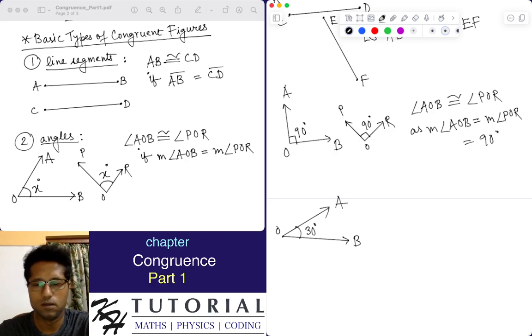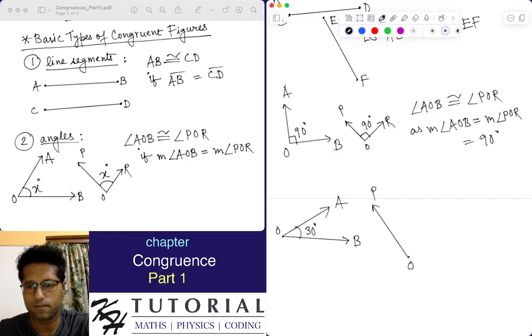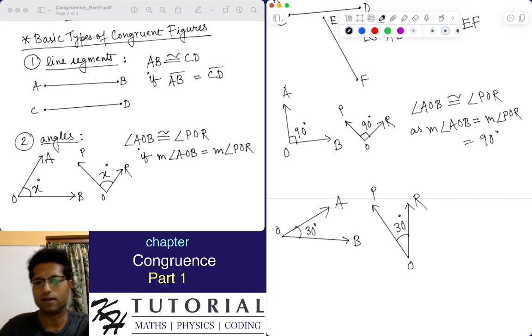Now, let's say another angle is formed by the ray OP and the ray OR, and the measure of the angle POR is also 30 degrees. I'm trying to explain that the position of the rays OP and OR making the angle does not matter.